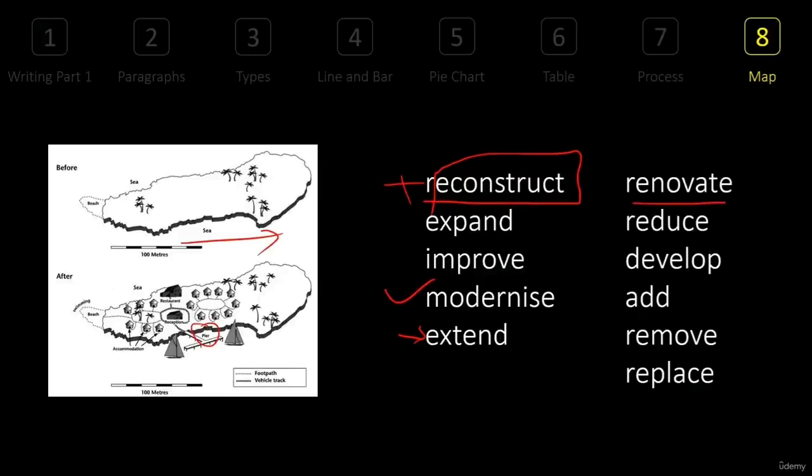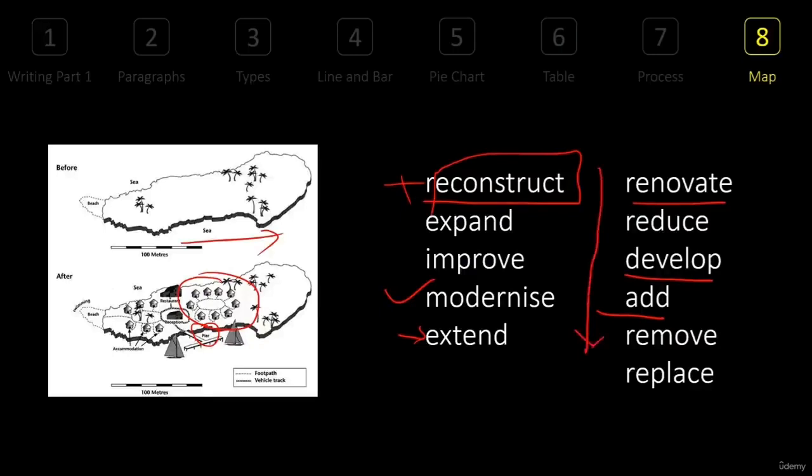Anything reduced? If you look at the number of trees, no, they were not reduced, except for some parts where they were replaced. Few trees were replaced, that's it. Any development seen? Yes. Added? Yes, of course, we added the house. Did we remove anything? Yes, a few trees here and there, that's it. What did we replace with anything? No, we didn't replace, we just added a few things.